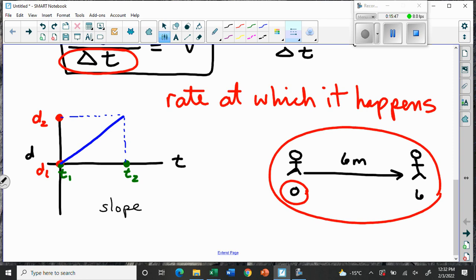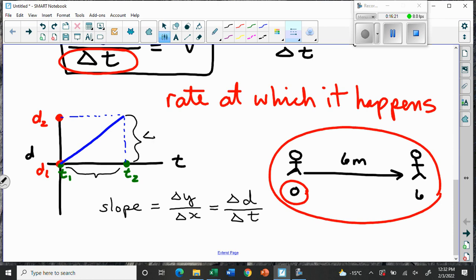The way you calculate slope in math is, remember, the change in the y-axis compared to the change in the x. This is the change in the y-axis on my graph, but I'm not calling it y, I'm calling it d, so that is the change in d, the change in displacement or position. And down here is the change in my time, or the change in the x, but I'm calling it t, so that becomes change in t for me.